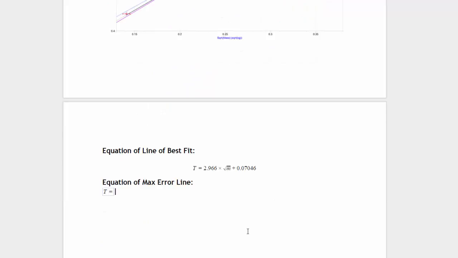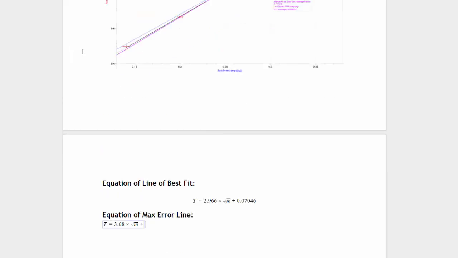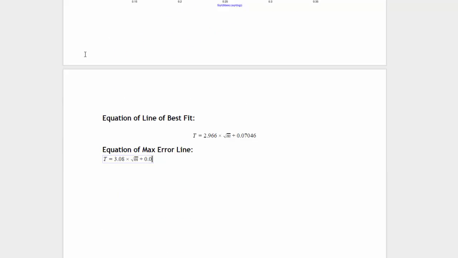T equals 3.08 times square root m plus 0.048. Okay, center.